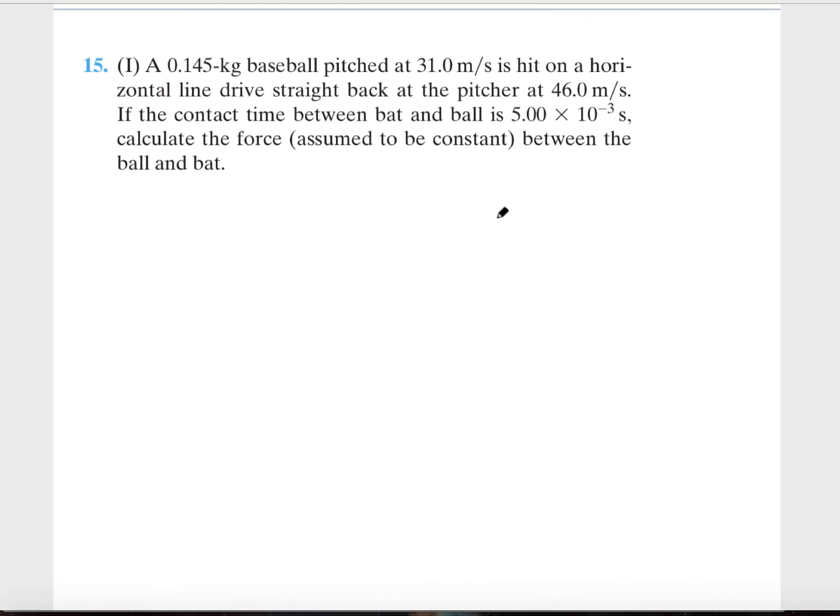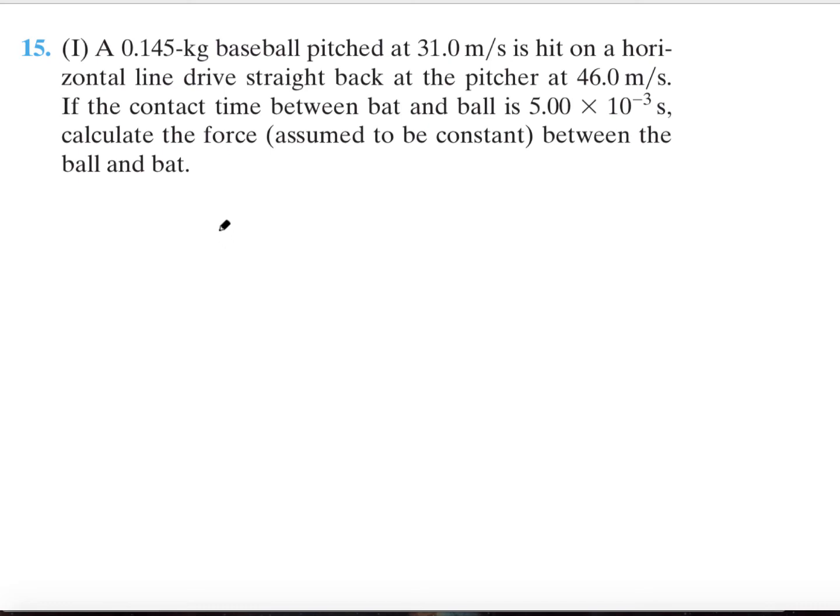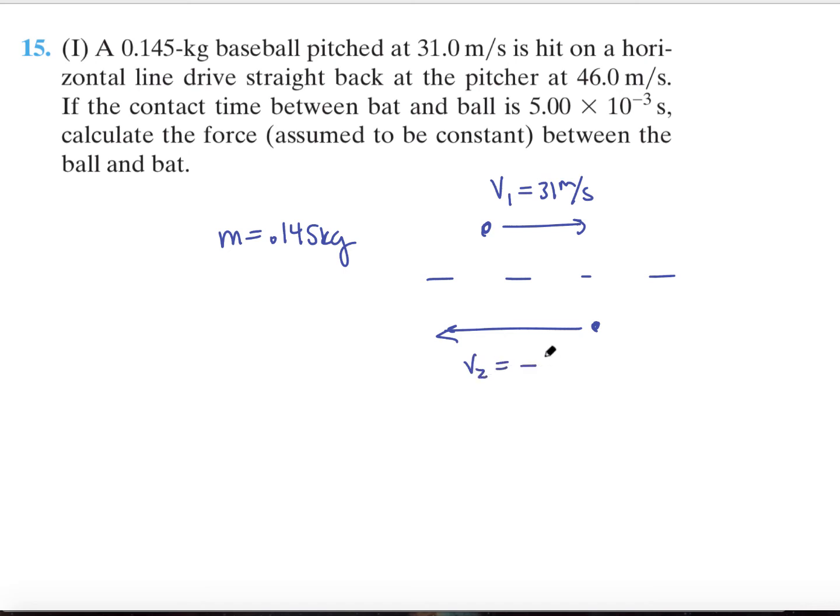All right, question 15 is another impulse question where we're given that the mass is 0.145 kilograms, and our ball comes in at some initial speed of 31 meters per second to the right, and it's hit backward at some speed to the left, V2, and we'll have to say that this is negative 46 meters per second.